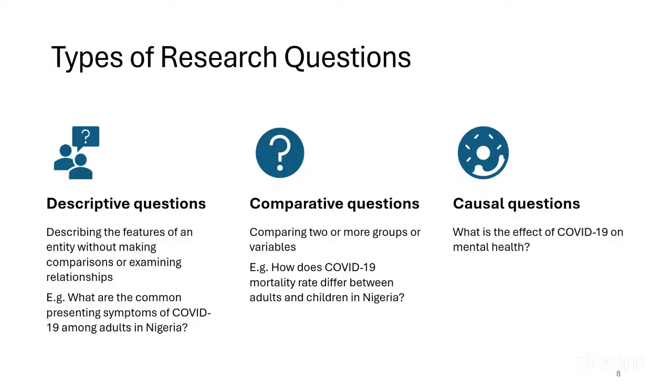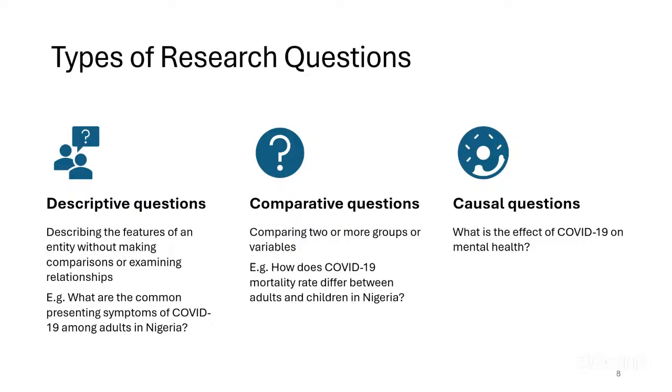So an example is here. What are the common presenting symptoms of COVID-19 among adults in Nigeria? If I have that as a research question, it immediately tells me that what I just want to know is symptoms. I want to describe what are the symptoms they present with. I'm not trying to compare COVID-19 symptoms amongst people in Lagos compared with people in Oyo State.